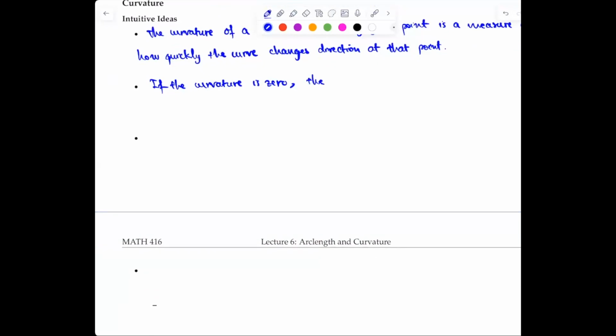Then the curve, the curve I put in quotes here, is a straight line at the point of consideration. It doesn't happen slowly as we walk.